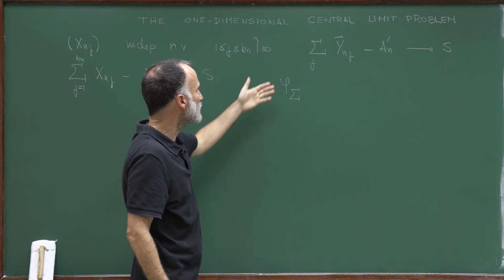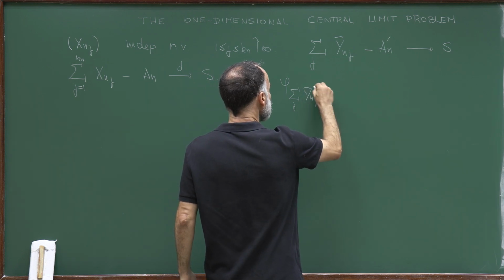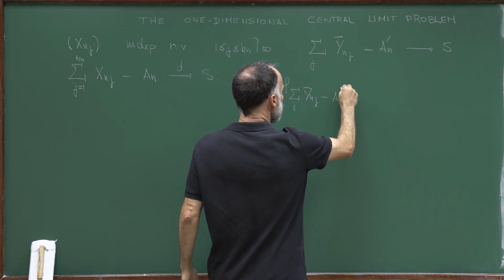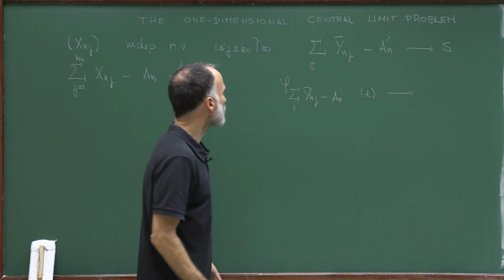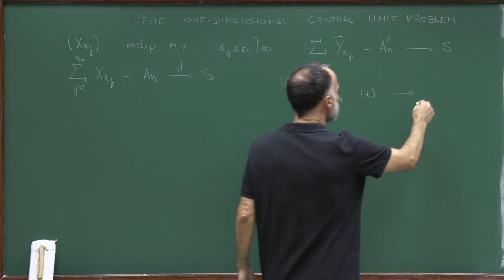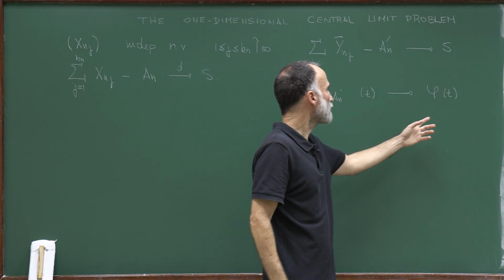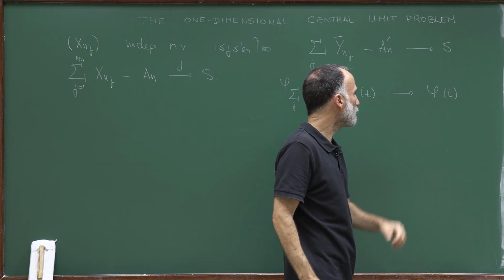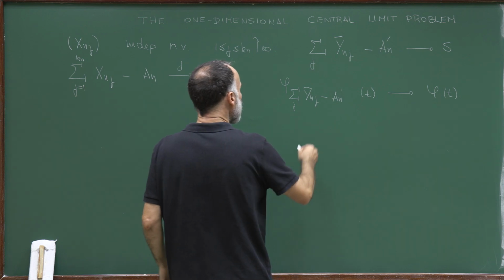And in order to prove that, what we have to show is that, considering the characteristic function of this random variable, this sequence of characteristic functions converges to a function which is equal to 1 at 0 and which is continuous at 0.